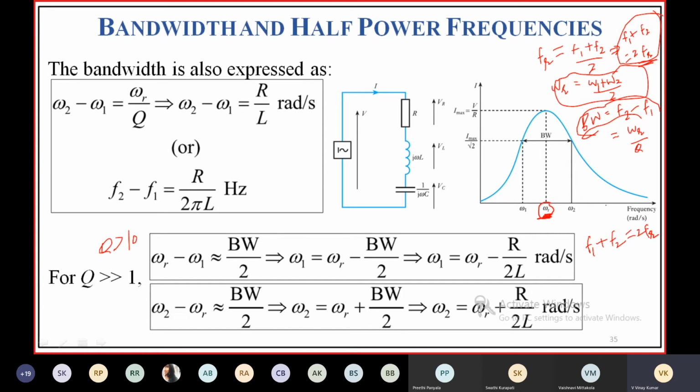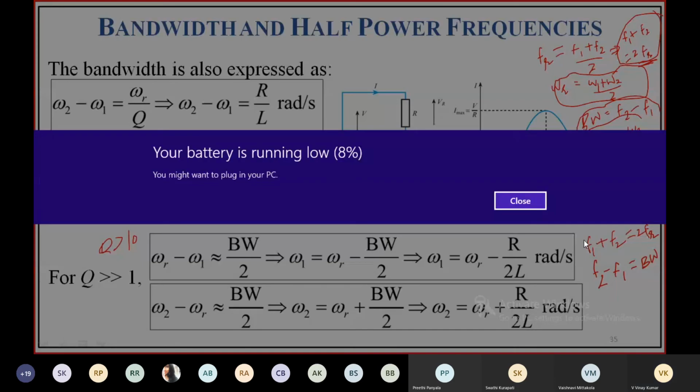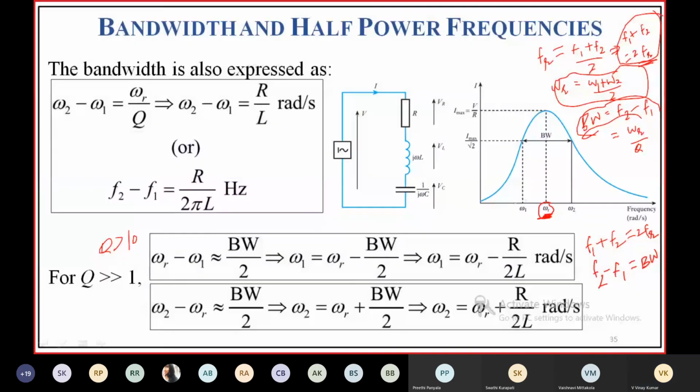Okay, you know bandwidth is equal to F2 minus F1. In terms of angular frequencies, W2 minus W1 is equal to bandwidth, W1 plus W2 is equal to 2 omega r.